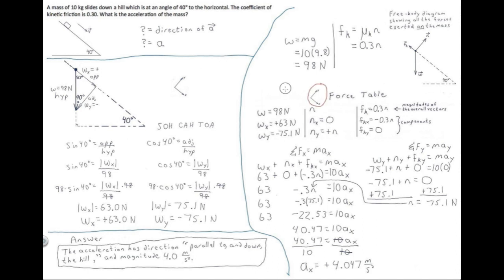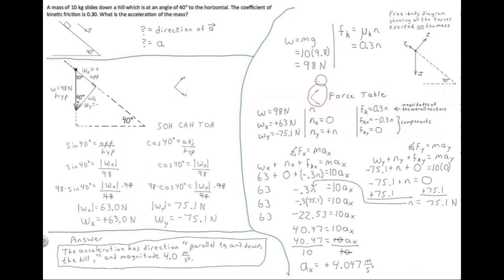The main difference between the inclined plane problem in this video and the problem from the previous video was our axes. For an inclined plane problem, rather than choosing horizontal and vertical axes, we choose slanted axes, with our x-axis parallel to the incline and our y-axis perpendicular to the incline.